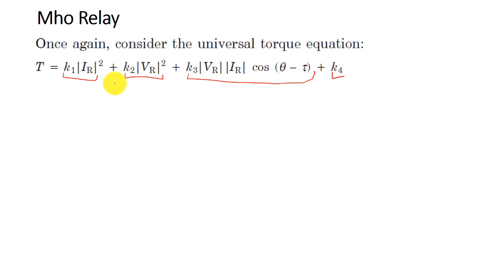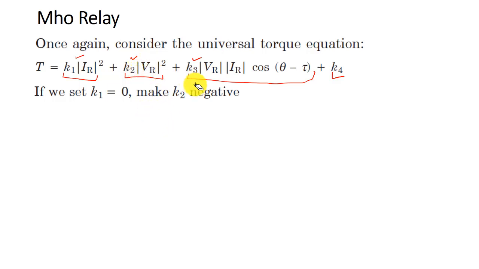In this case let us consider k1 as 0, k2 as negative and k3 as positive. K2 negative means it provides the restraining torque.